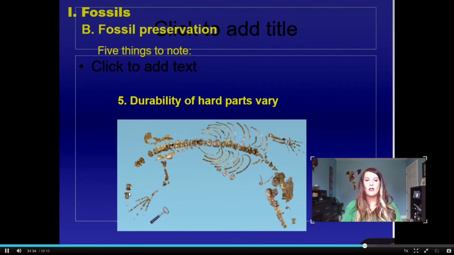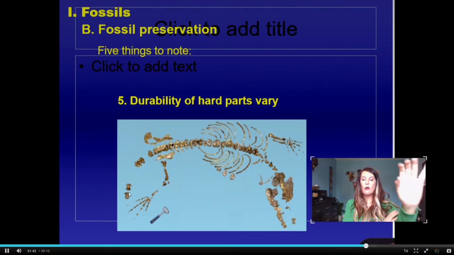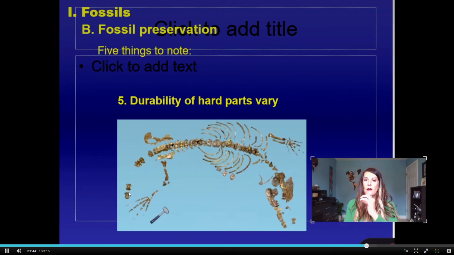Kneecaps are often found. So things that are much more rigid. So you might find the humerus, but you might not find the radius and ulna, and that's just because they're smaller and less durable bones. Oftentimes you find the femur. Less commonly, you'll find the fibula and tibia.